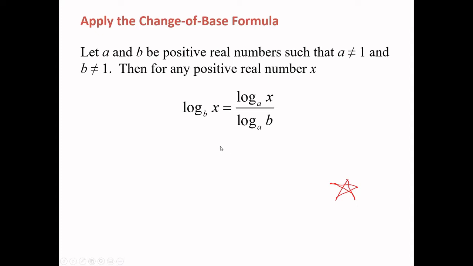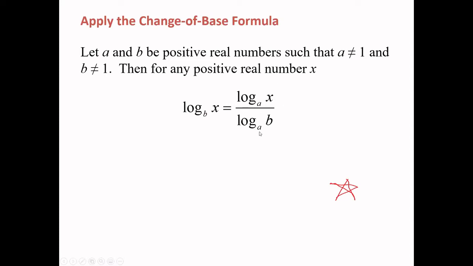Now, if we've got a logarithm that's not base 10, and you want to do computation with it, if you have a Texas Instrument calculator or just about anything besides one of these Casios that I listed for you earlier, then you have to go through these steps.